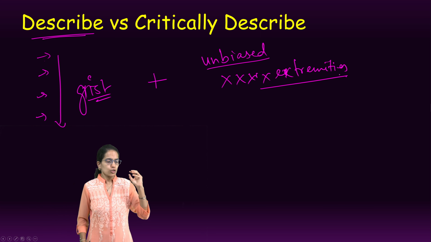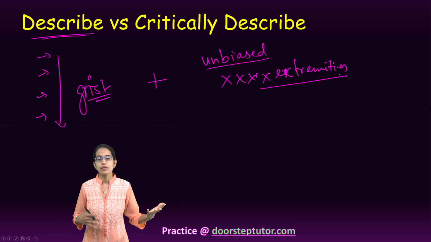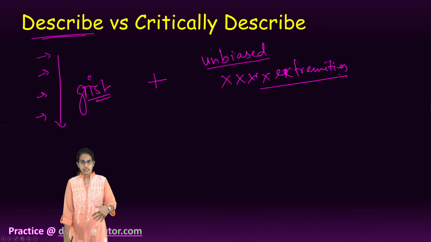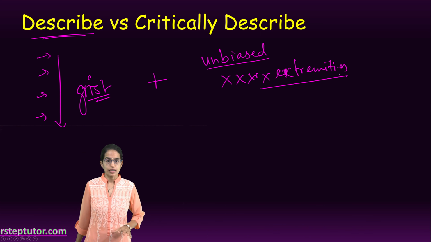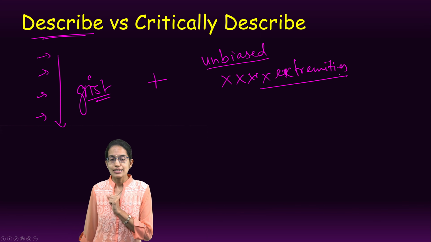Critical means you have to judge it, give your judgment, and this could be a positive side, this could be a negative side. For example, I say Gati Shakti is one of the very important schemes, and you have to write a note on Gati Shakti. You have to critically describe this.